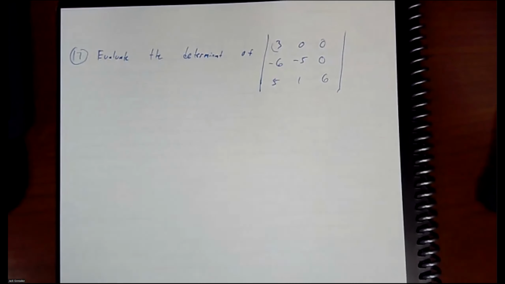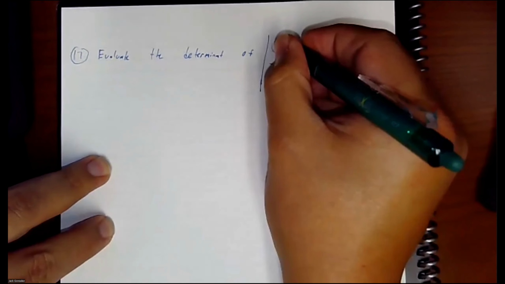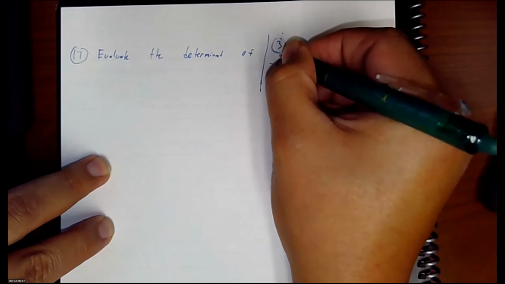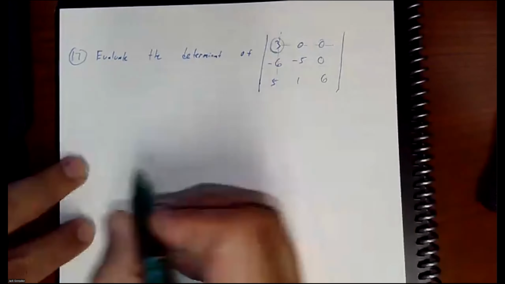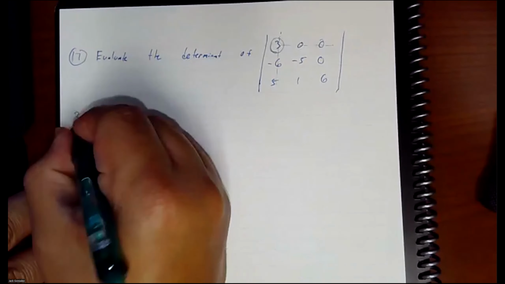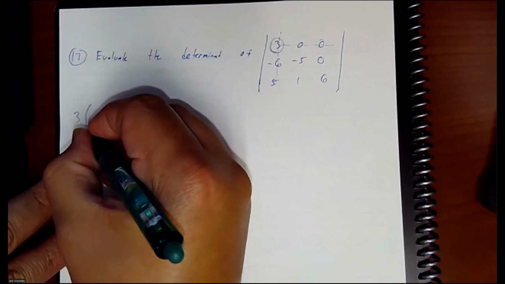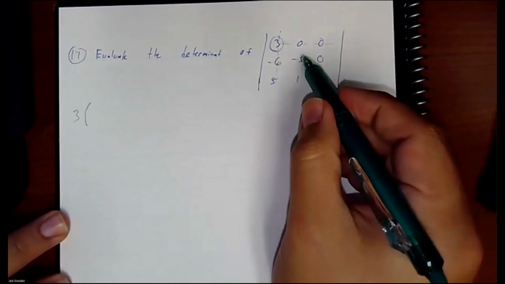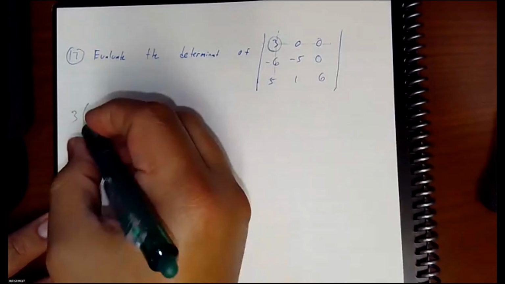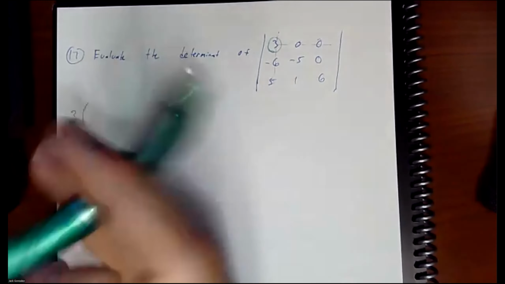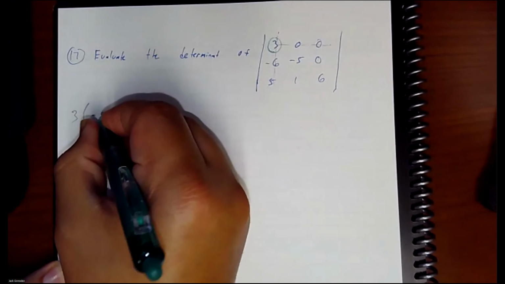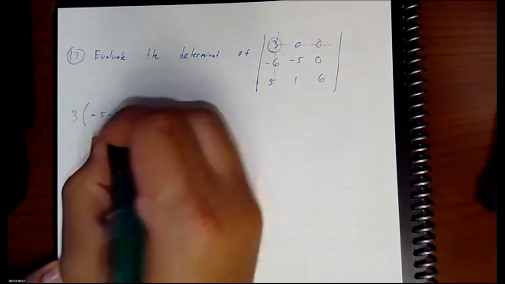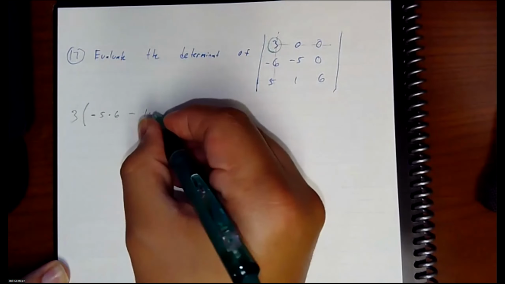Well, I think I use colors to make it easier. Right, so green, we cross out these guys. And you write the green part times the inner determinant. Negative 5 times 6, minus 1 times 0.